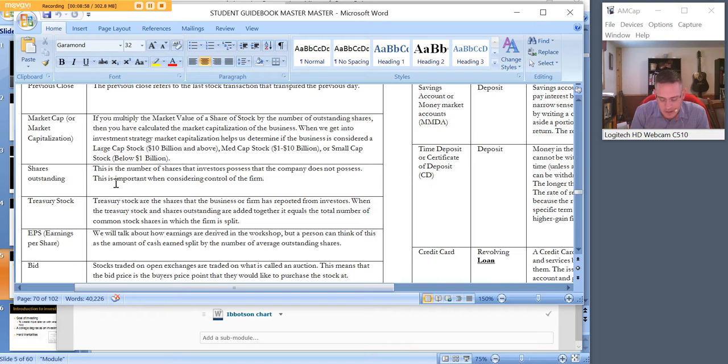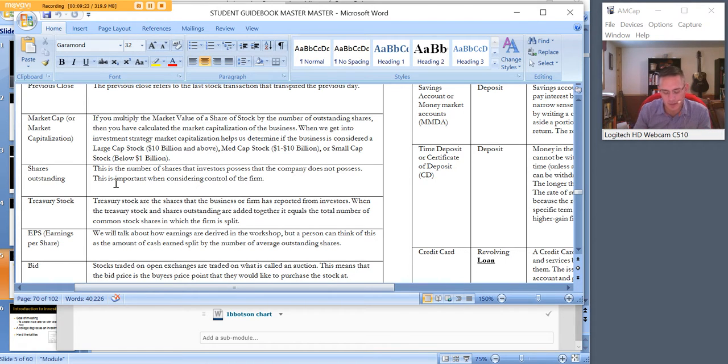Then you have shares outstanding, and this is the number of shares that the investors possess that the company does not possess. In other words, when companies buy back some of their own shares, that's called treasury stock. They keep those, and oftentimes later on they'll sell them again to get some more money in, and it helps to manipulate the stock price.